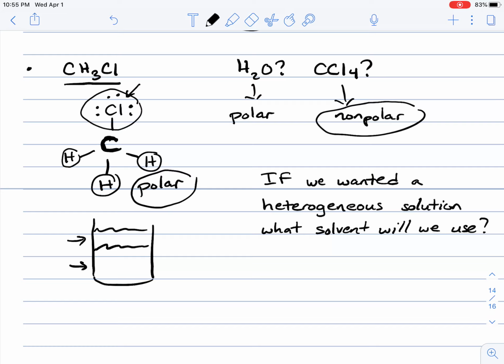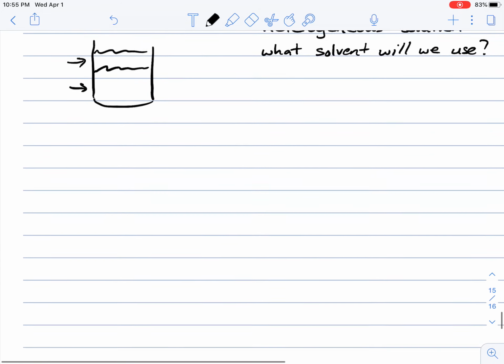All right. So hopefully you guys are kind of understanding the train of thought with respect to polarity of molecules affecting the ability for a solute to be dissolved or not dissolved in a solvent. So let's go ahead and do a couple more examples.